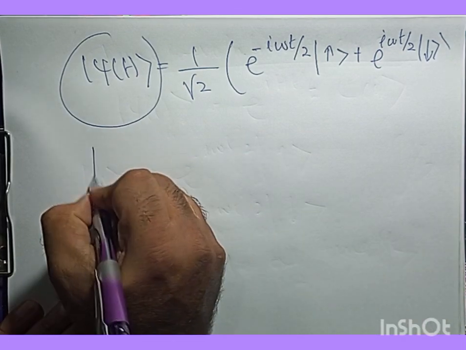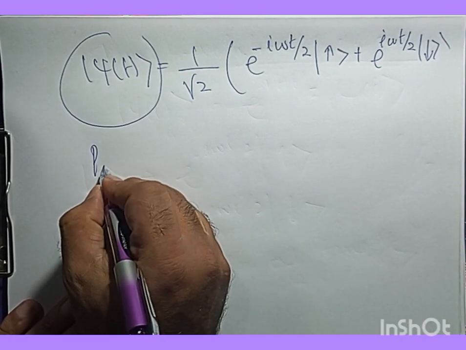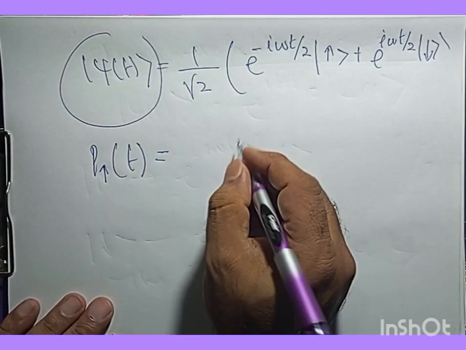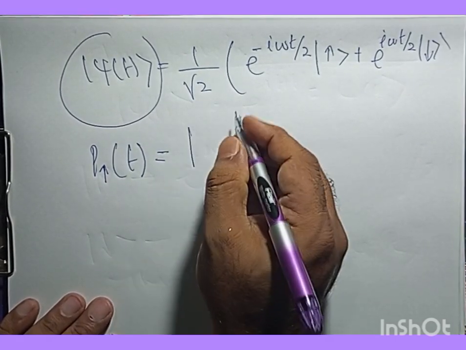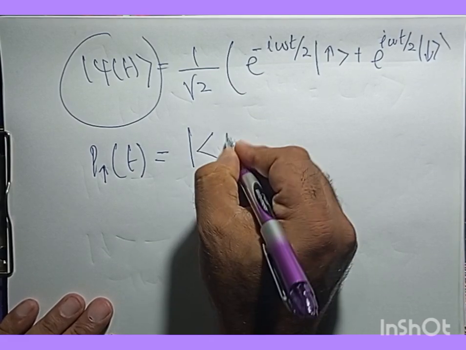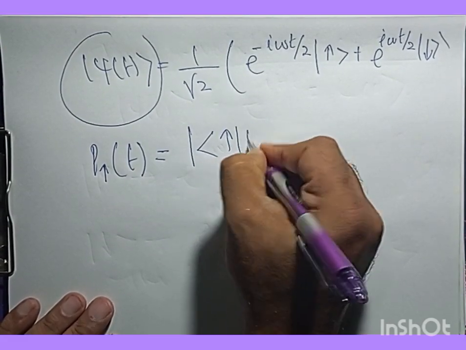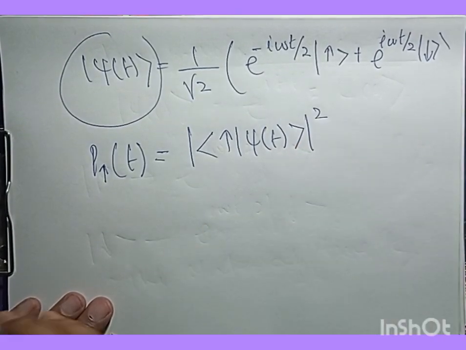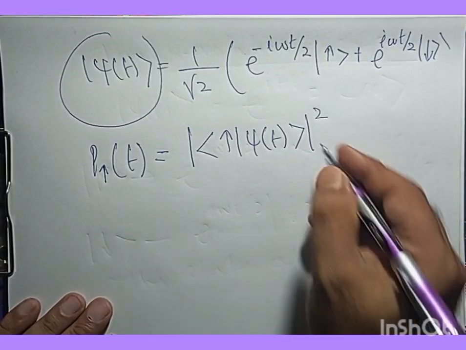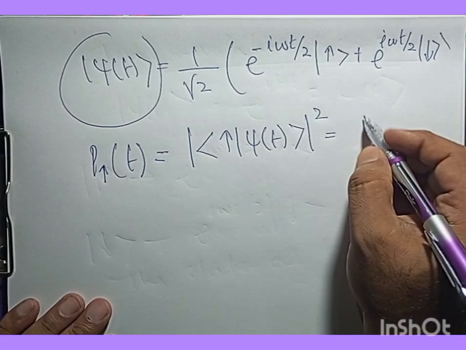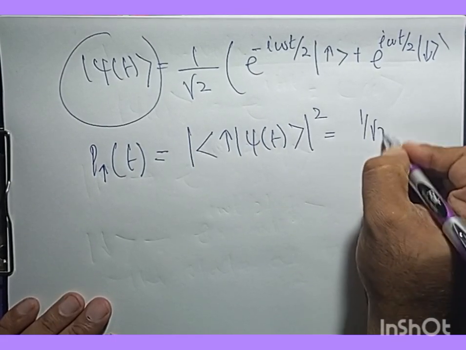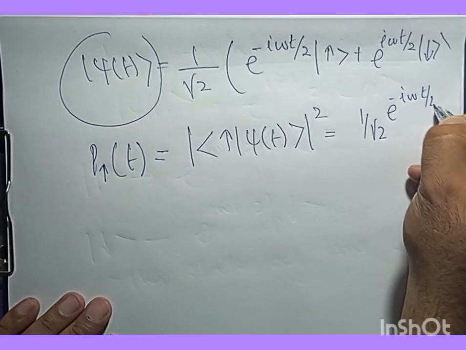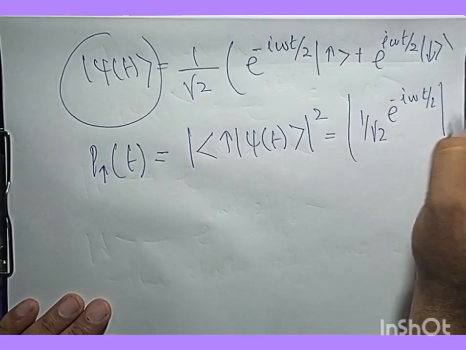So the probability of spin up at that time is going to be the mod of the bracket of spin up with psi of t, whole square. What's that going to be equal to? Because this is spin up, it is 1 by root 2 e to the power of minus i omega t by 2, mod whole square.